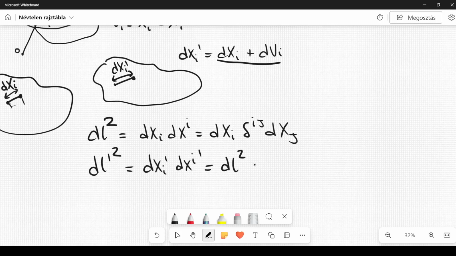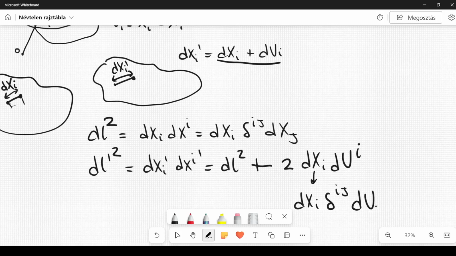So we get plus 2 dxi dui, or like this, so I can either write it like this or dxi dui with the different roles of these two indices, but what this means is basically that dxi, and then I have delta ij duj, so it can be written like that.